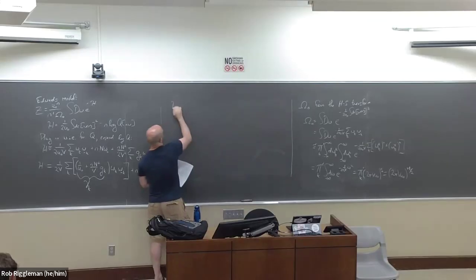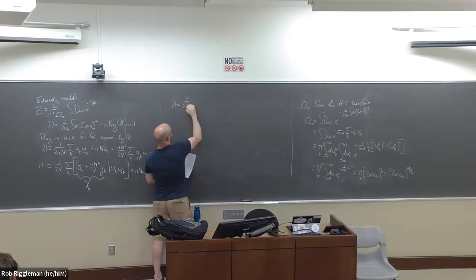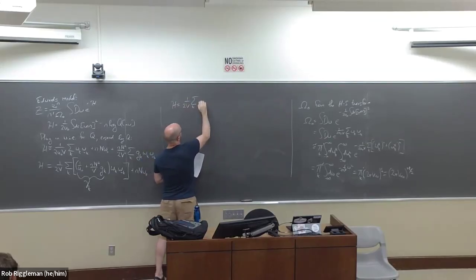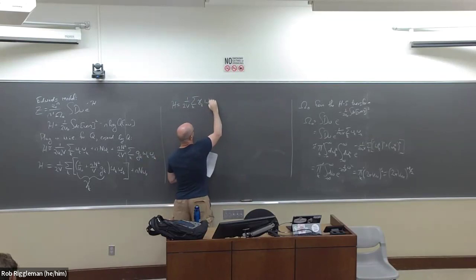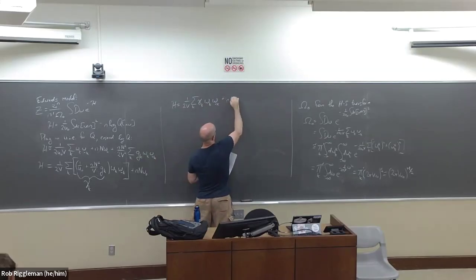So then we have h is 1/2v sum over k gamma k w minus k plus n.